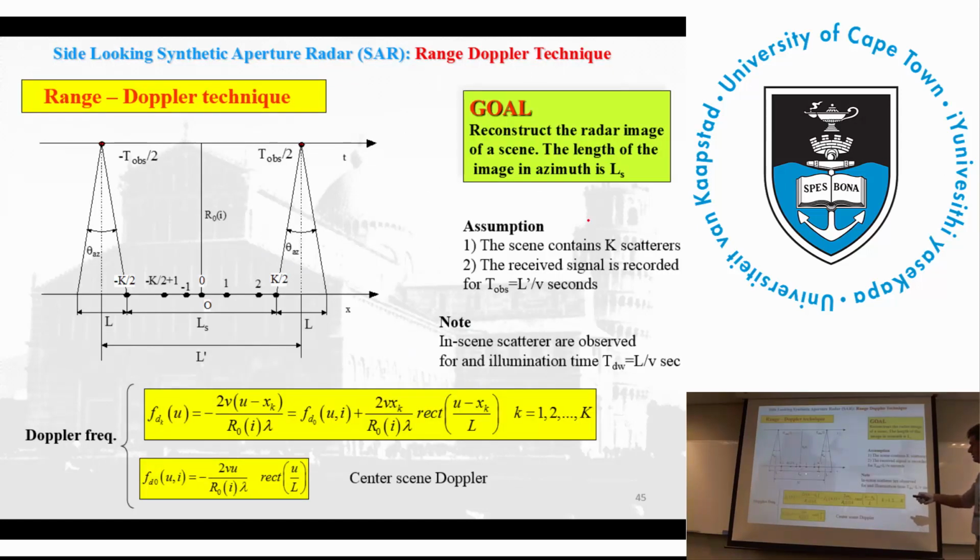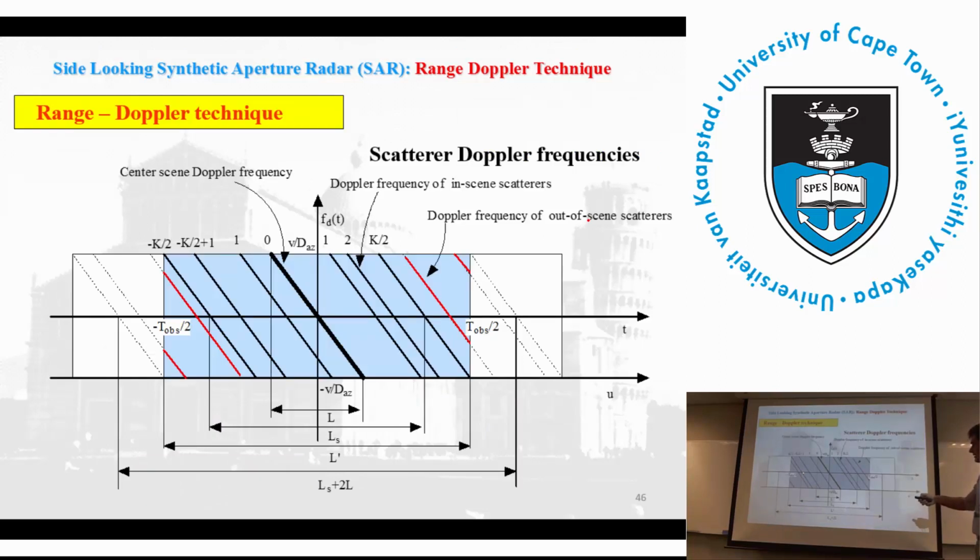The in-scene scatterers are all inside this area, and they all generate full expressions of this frequency. This frequency behavior, again, is a linearly decreasing frequency, and all scatterers produce exactly the same behavior, but each of those is located at different positions in space and in time.